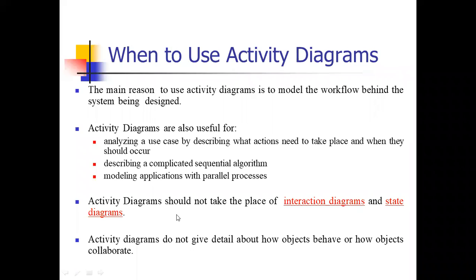All these are different. Activity diagrams do not give details about how objects behave or how objects collaborate. Through an activity diagram, we just come to know the flow of the system, how the system moves from one activity to another activity.